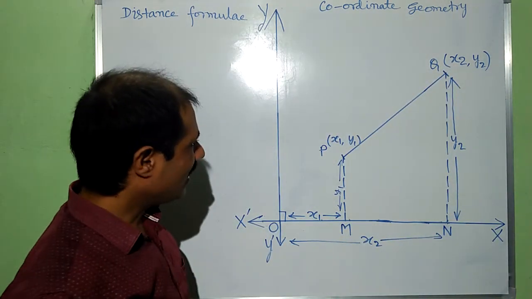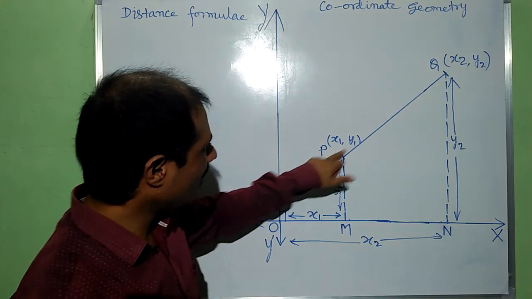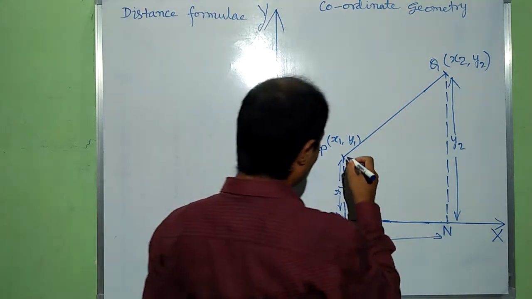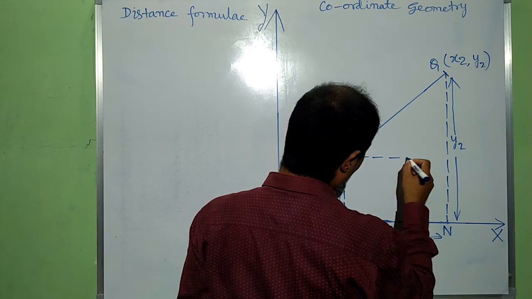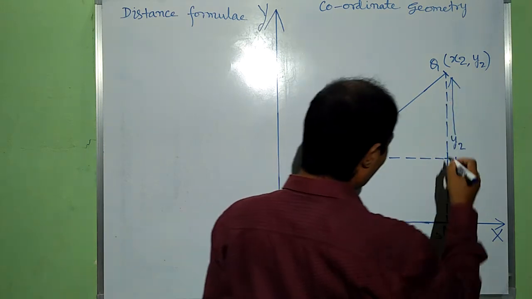Now, I have to draw a perpendicular from P on this QM, like this. This is perpendicular on this QM.